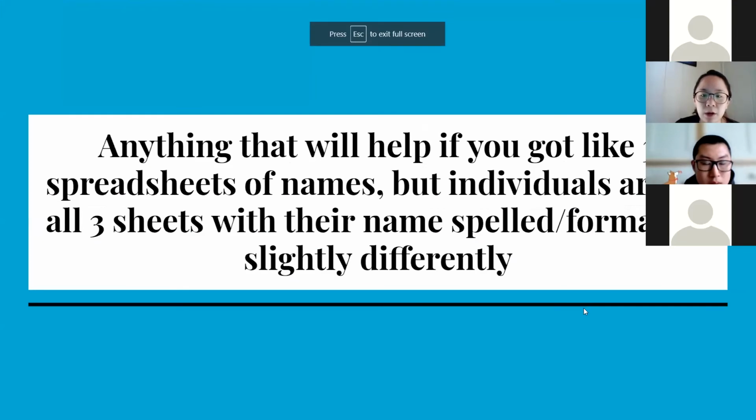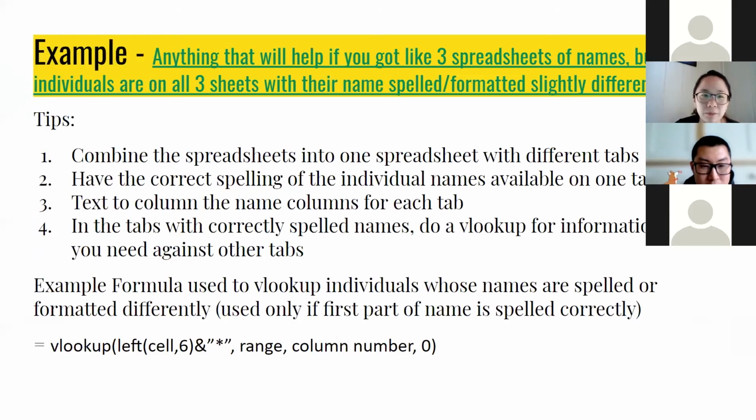Next, we'll go into our next question from Stephen. Anything that will help if you have three spreadsheets of names, but individuals are on all three sheets with their names spelled and formatted slightly differently? Okay. So my tips for this are to combine the sheets into one spreadsheet with different tabs.